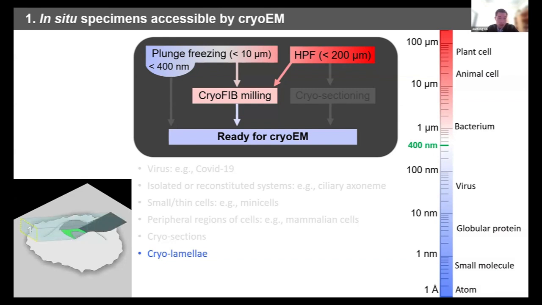This technique uses the focused ion beam to remove the material above or underneath the target and leave only one thin layer less than 400 nanometers. Currently, 100 to 300 nanometers is commonly obtained by this technique. And this kind of sample can be transferred into the microscope and studied by either single particle or cryo-electron tomography to get the information you are looking for.